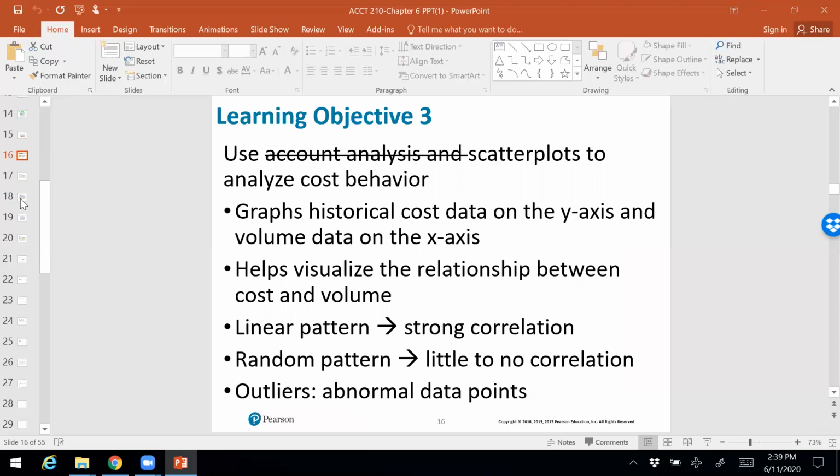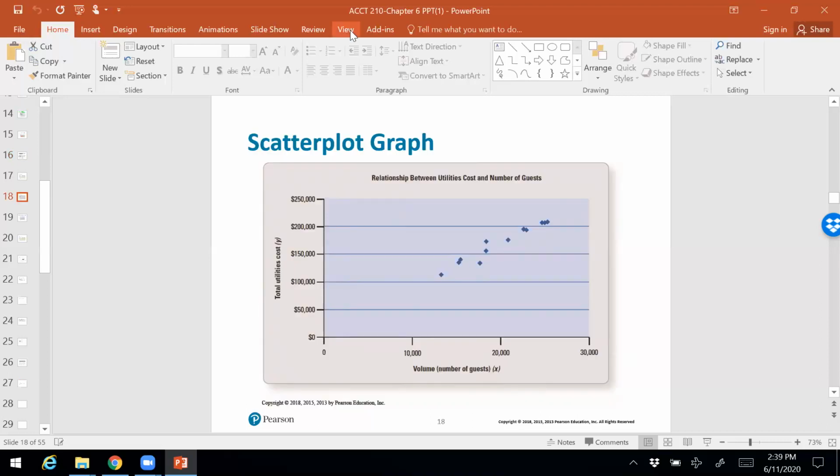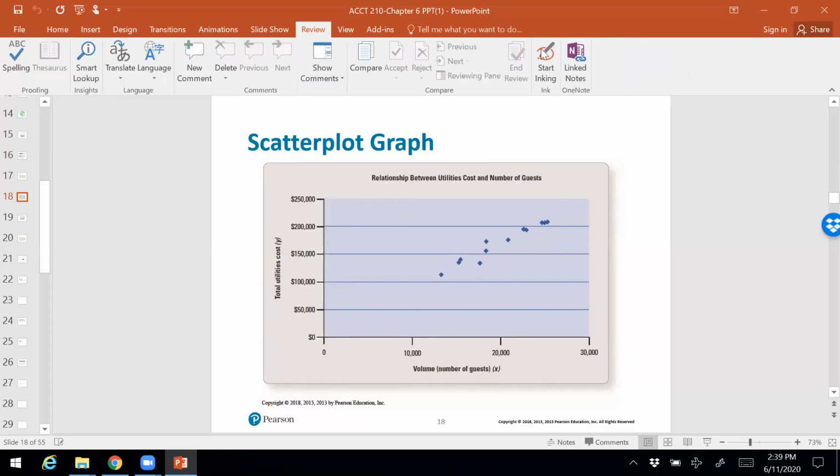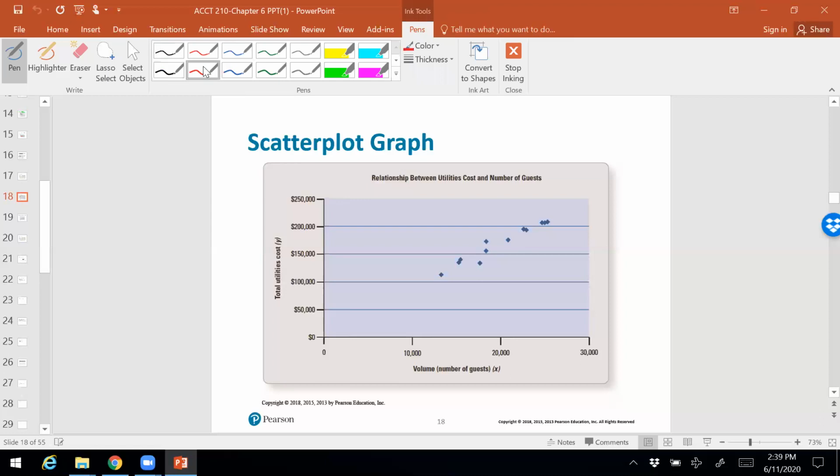From here, you can see a linear relation, right? I can even draw a line with my pen. Sorry, it's not that straight, but you get the general idea, right? So it's a line, and that means they are positively related.